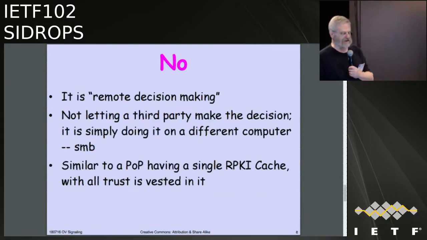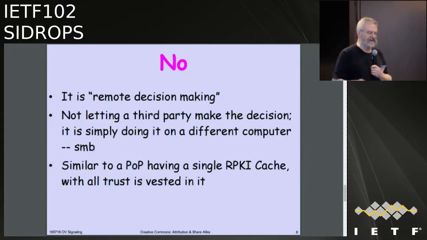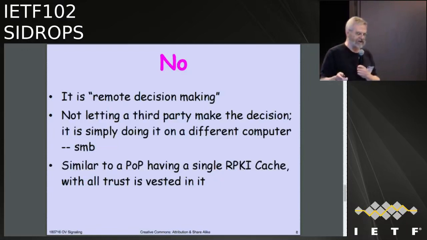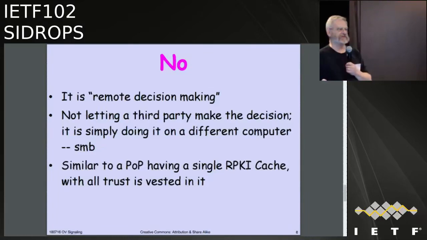It's remote decision making. As my friend Steve Bellovin says, it's not letting a third party make the decision. It's simply doing it in a different computer in the same party. It's similar to a POP having a single RPKI cache with all trust vested in it. You're within the trust boundary.